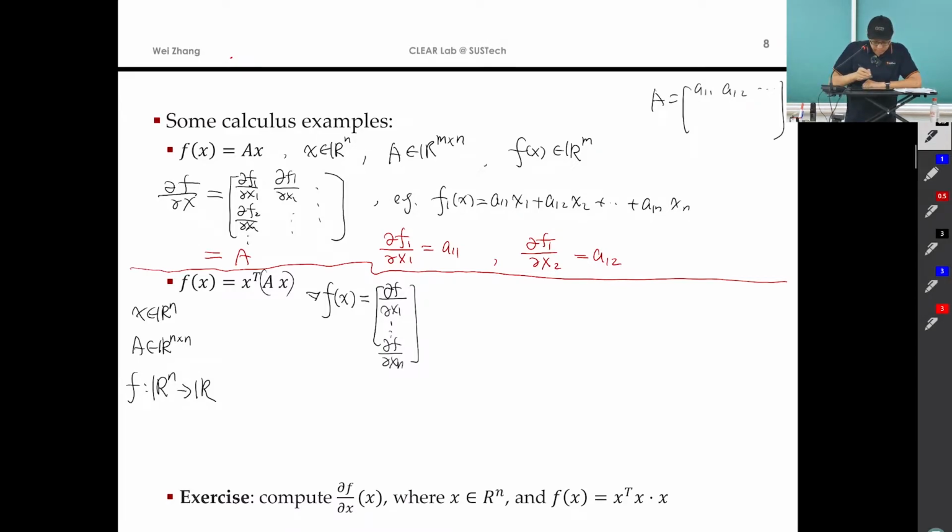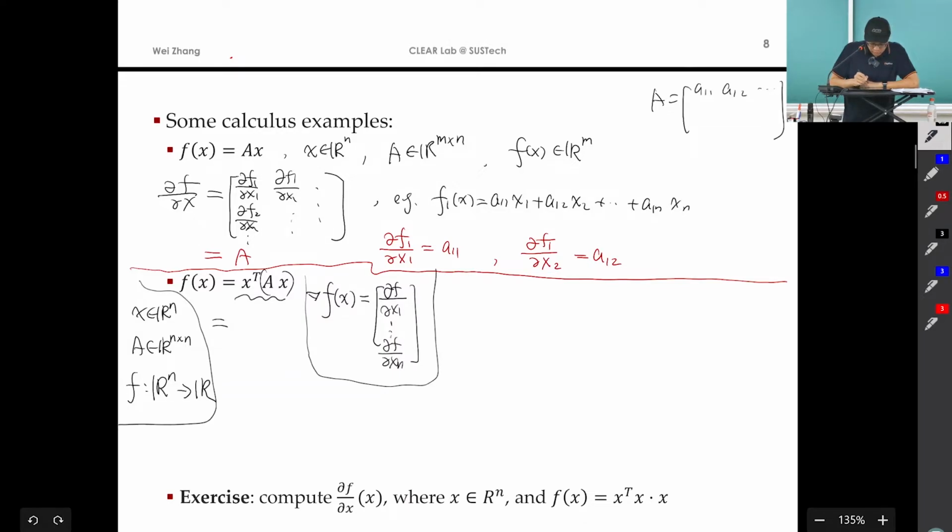So let's call it f, so this guy equal to, okay, let me draw a few blocks. Summation i, summation j, aij, xi, xj.